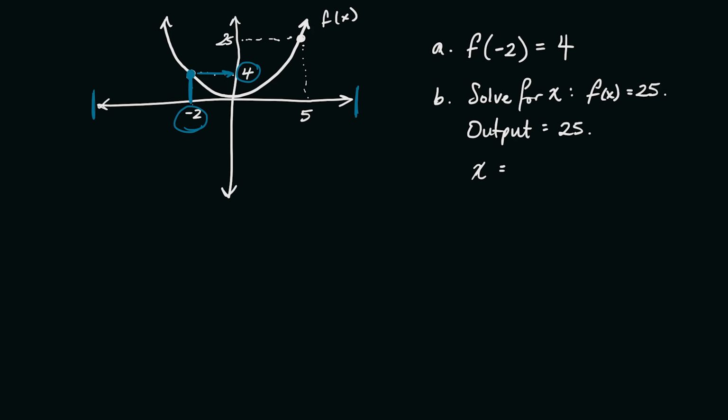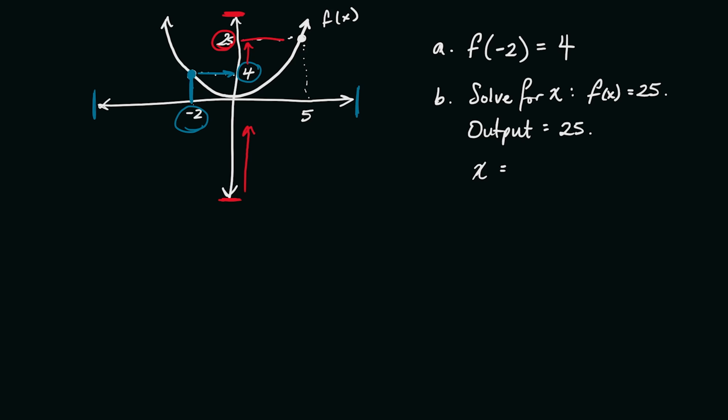Since our output is basically just the y value, I'm going to label this in red. We're going to move from here all the way up here. I'm moving up right now, and I see a 4, but we want an output of 25, so we're going to move a little bit more up here, and we see an output of 25.